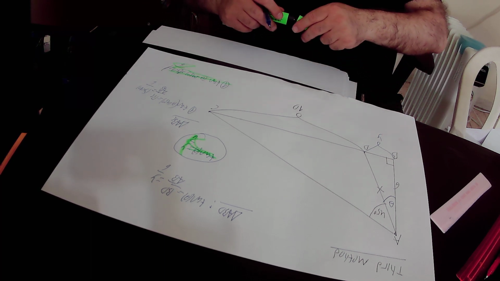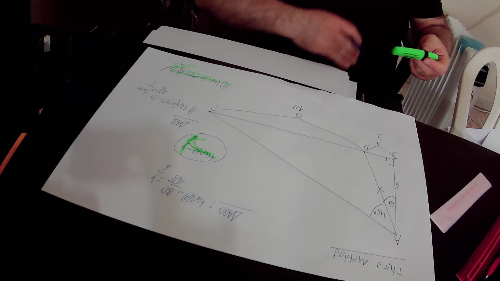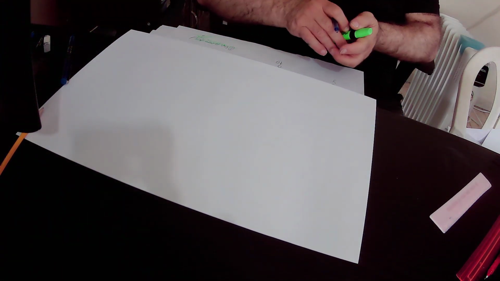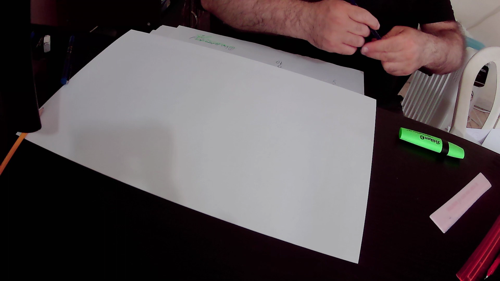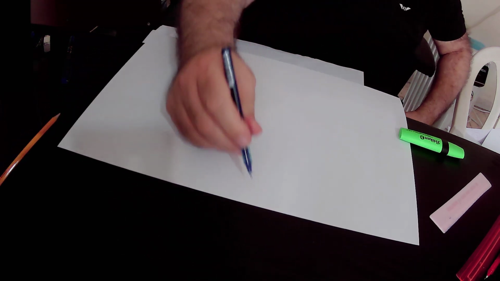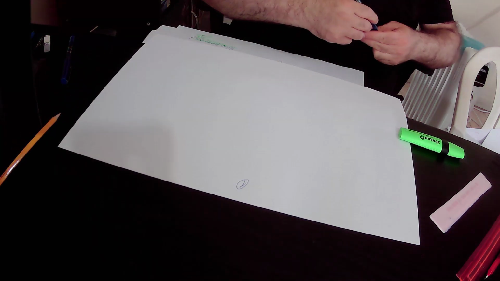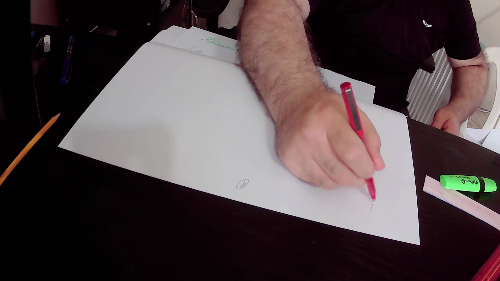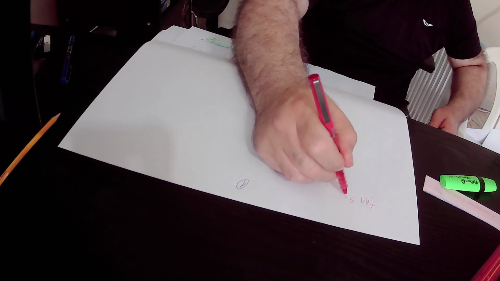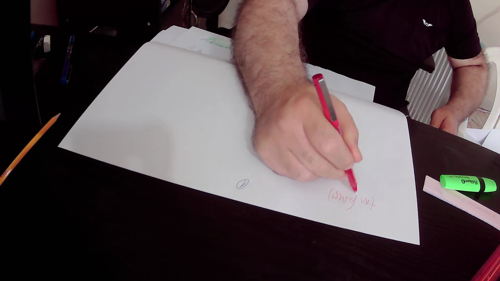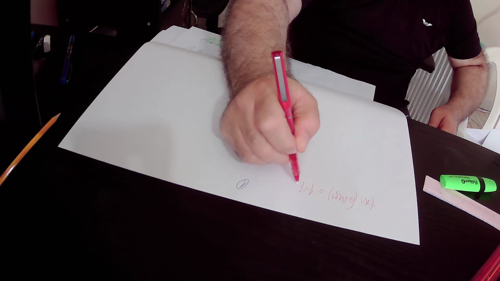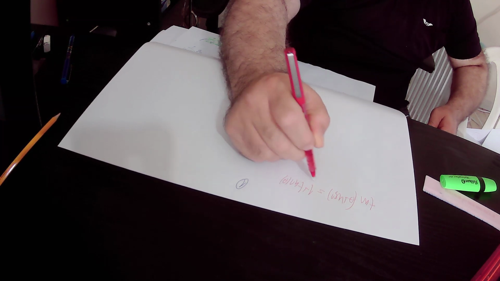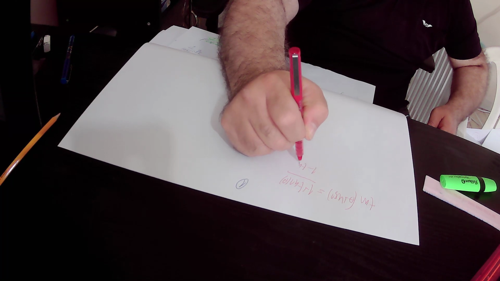Actually, we have a trigonometric identity for tangent of theta plus 45 degrees. Tangent of theta plus 45 degrees is equal to 1 plus tangent theta over 1 minus tangent theta.